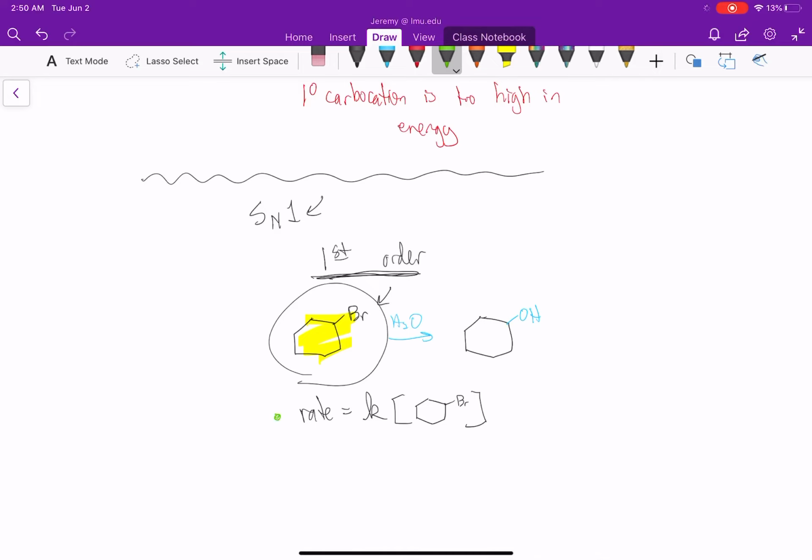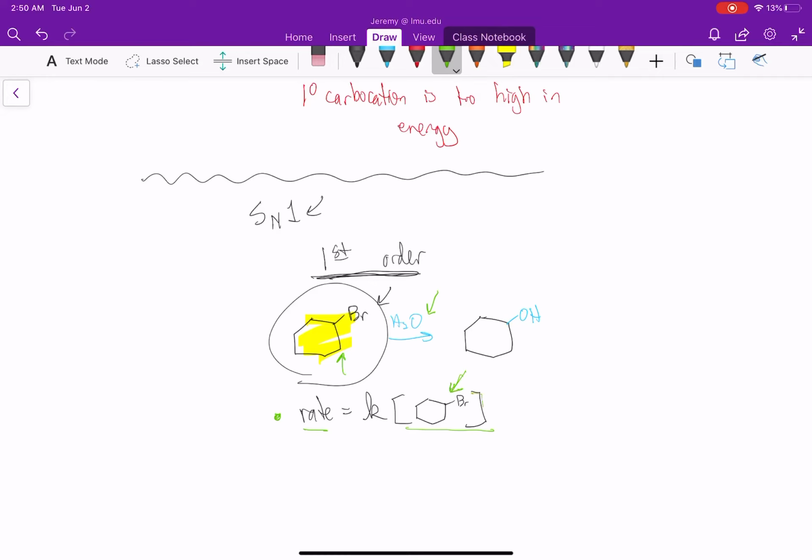So our rate is equal to our rate constant k times the concentration of our alkyl halide only. Remember, if I double the amount of my alkyl halide, I'm doubling its concentration, and the rate would be twice as fast. If I reduce my solvent by half, I again have doubled the concentration.